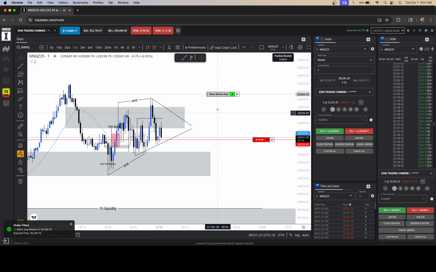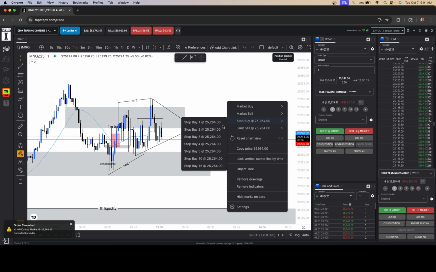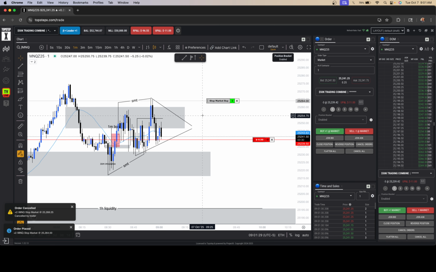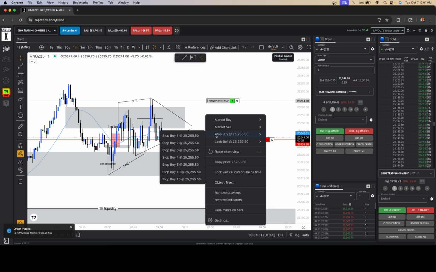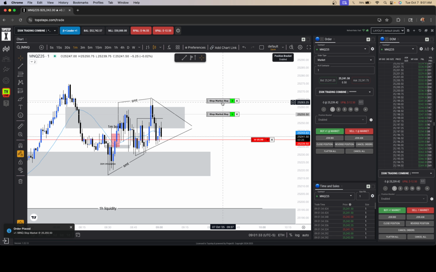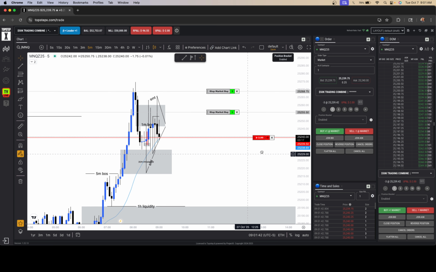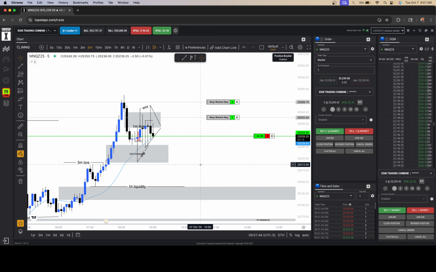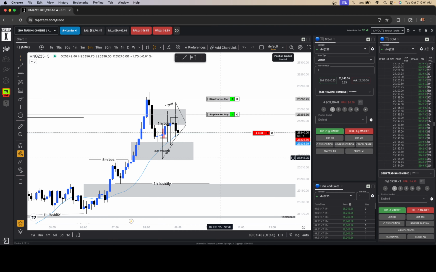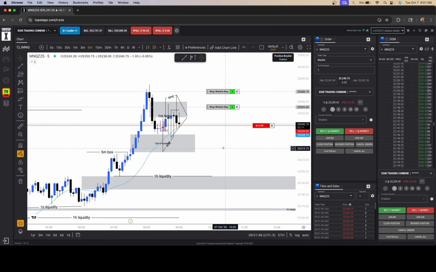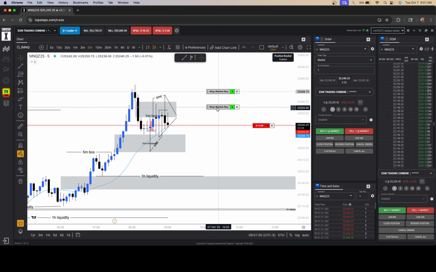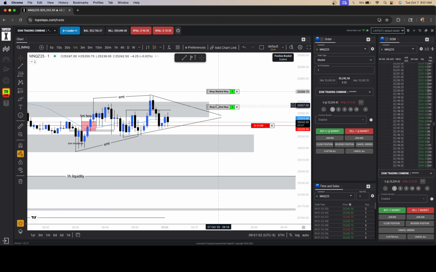Order filled. All right, we are now in 3 contracts. I can put this one right here, and then I'm gonna put this stop loss right here. Make sure my stop loss is in the same spot it's supposed to be. And now we kind of just manage this position and see if it can give us what we are looking for.